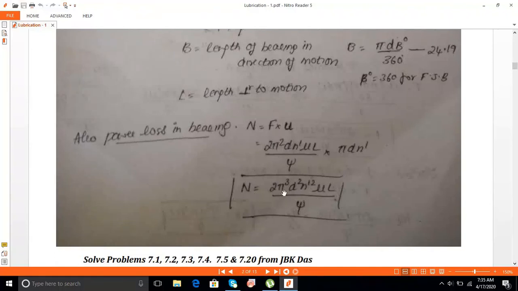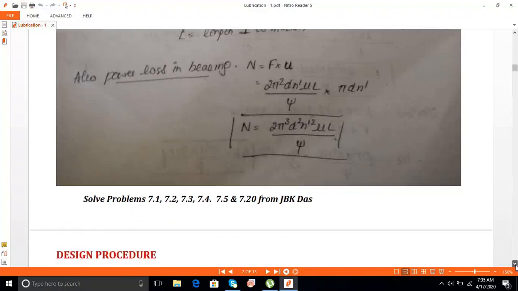So the power loss is equal to 2 pi square d square n dash square mu l divided by psi. So these three equations are sufficient to solve the problems related to coefficient of friction, power loss and torque, so we can solve them to understand better.